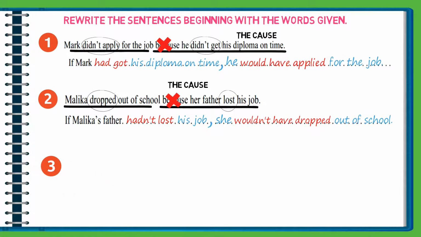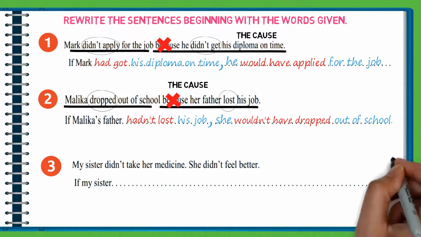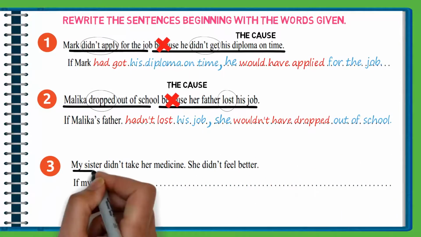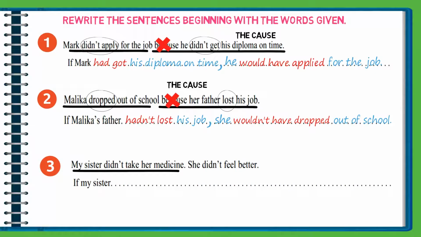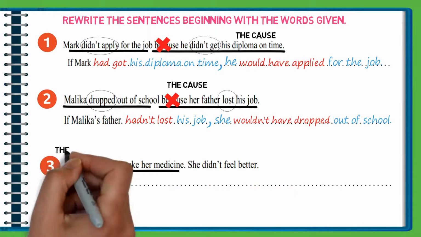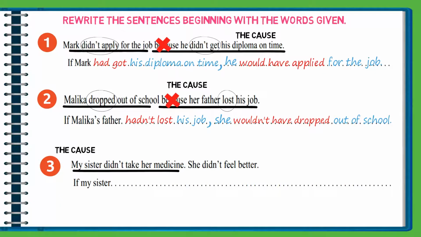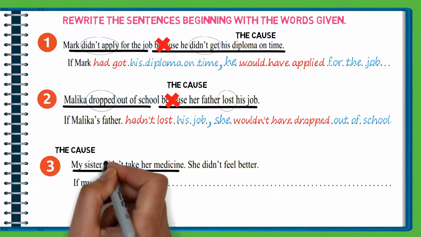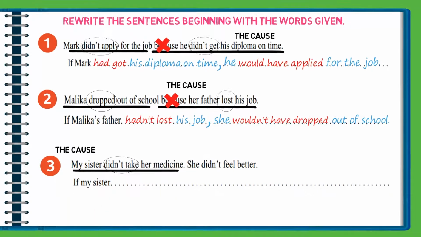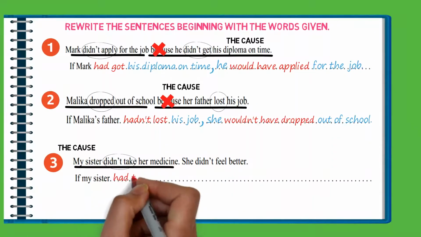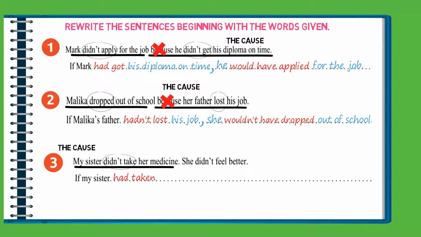Let's go to example number 3. My sister didn't take her medicine. She didn't feel better. The cause here is my sister didn't take her medicine. Okay, and the verb is didn't take. Didn't take is in the negative form. We need to put it into the positive form, and then we say had taken.